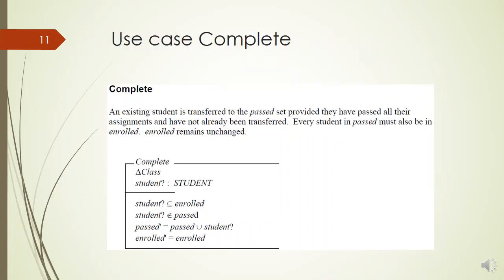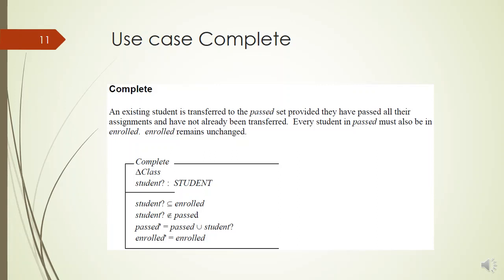Students, now we specify another operation with the name complete, which describes the process of completing all the assignments and sessionals. This operation declares a student passed, and an existing student is transferred to the set passed, provided that they have passed all their assignments and have not already been transferred.